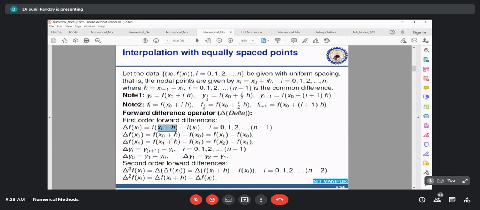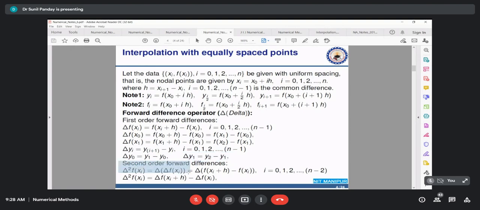So f of xi plus h is f of xi plus 1, it is y of i plus 1, and f of xi is yi. So this is another way to remember, and you have to keep both of them in your mind: the first forward delta of yi is y of i plus 1 minus yi, and in particular for 0, delta of y naught equals y1 minus y naught, delta of y1 is y2 minus y1.